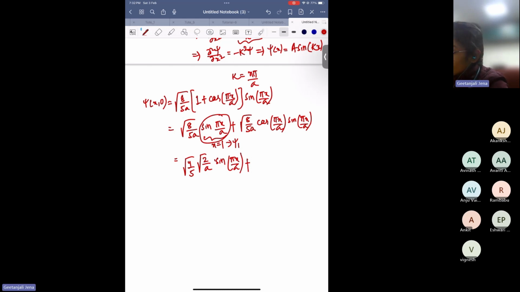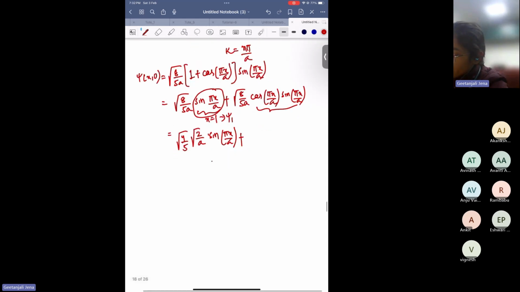For the second term, you are seeing there are two terms, cos and sin, so we have to use the trigonometric form, 2 cos a sin a equal to sin 2a. So it will be root over of 2 by a here.